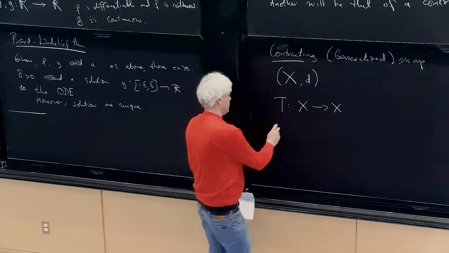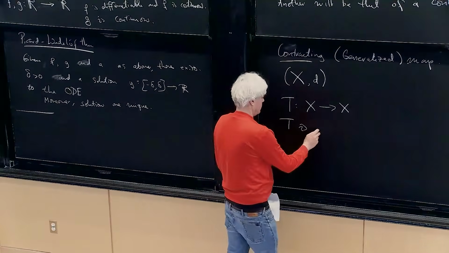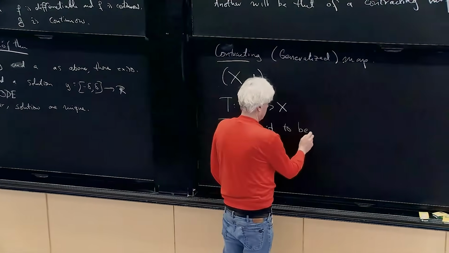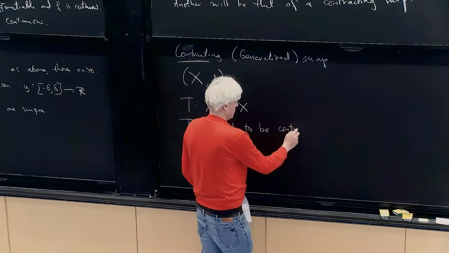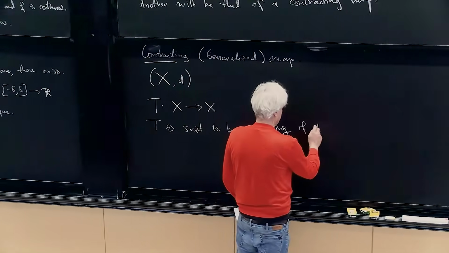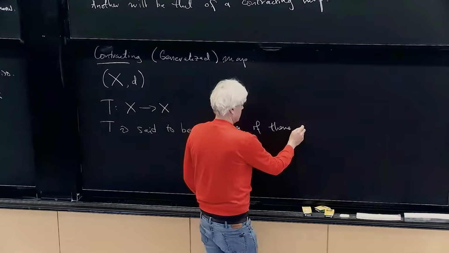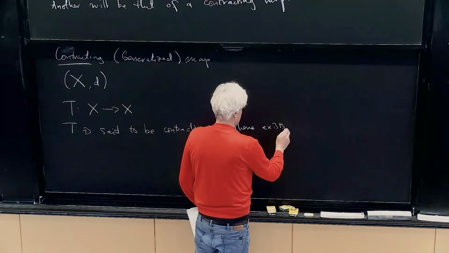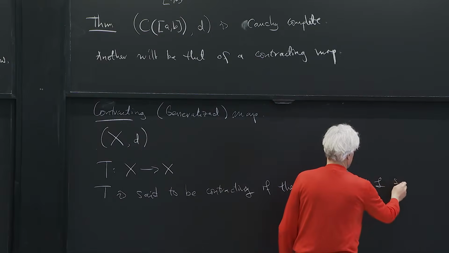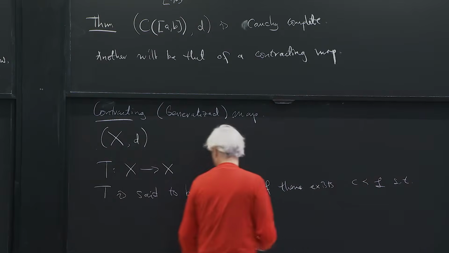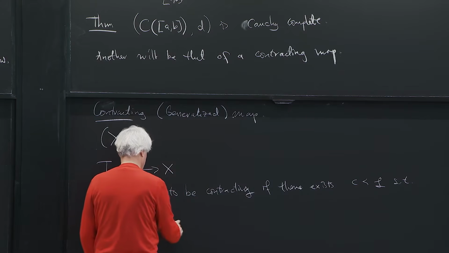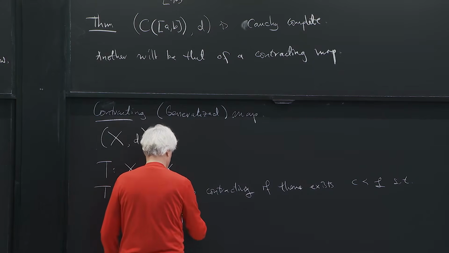And T here is said to be contracting if there exists a constant C less than 1, such that if you're looking at the distance between the images, then they are squeezed together.